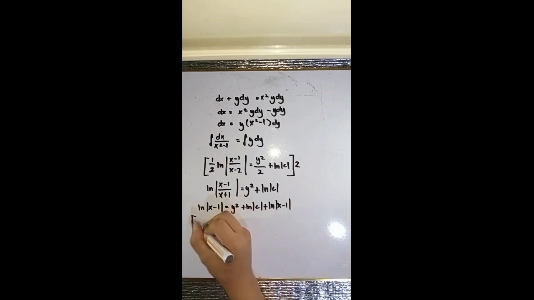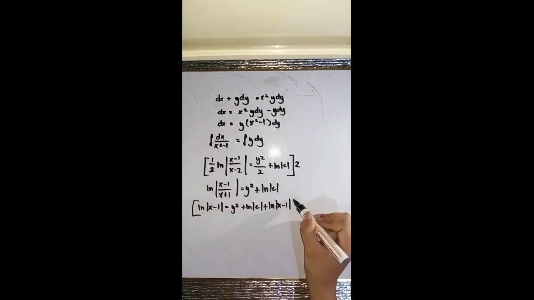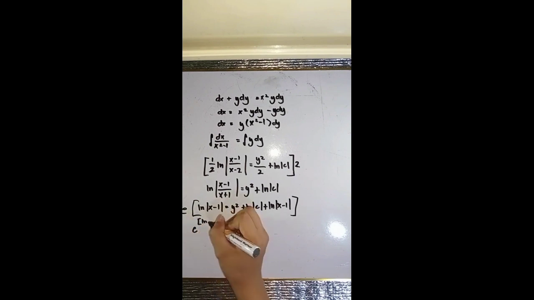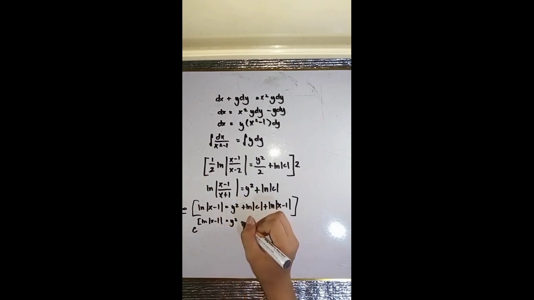Oh sorry, we'll raise e to both sides, so we cancel out the ln. So it will become e raised to ln of (x minus 1 over x plus 1) equals e raised to (y squared plus ln c).